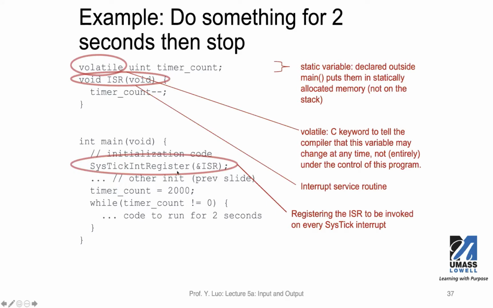Once you register, then when an interrupt indeed happens, this function will be called. Because earlier we set the system tick as 1 millisecond, when this interrupt is enabled, this ISR will be called every 1 millisecond.